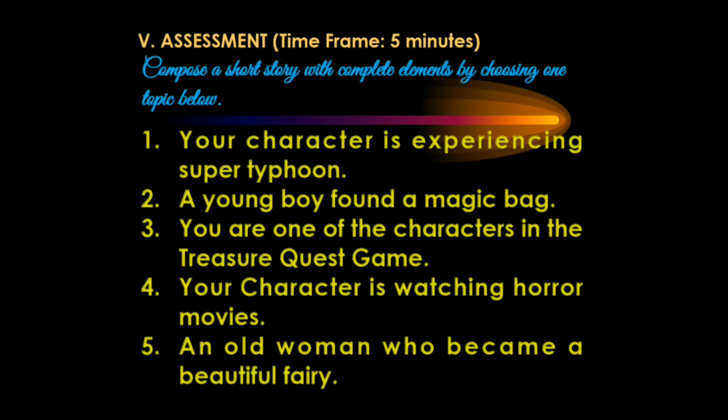Number 1, your character is experiencing super typhoon. 2, a young boy found a magic bag. 3, you are one of the characters in the Treasure Quest game. 4, your character is watching horror movies. And number 5, an old woman who became a beautiful fairy. So you're just going to choose one among the topics flash on the screen.